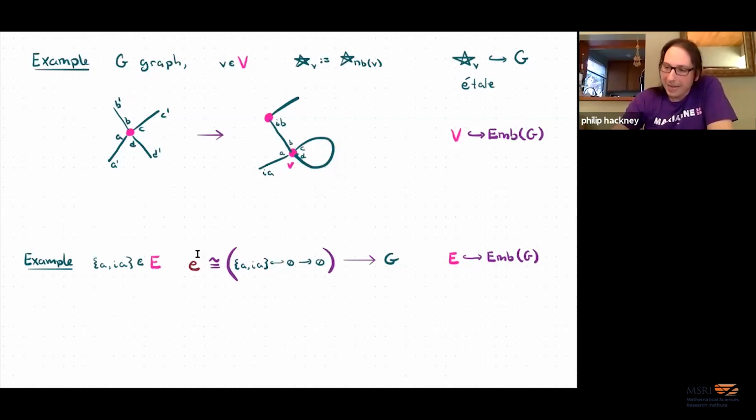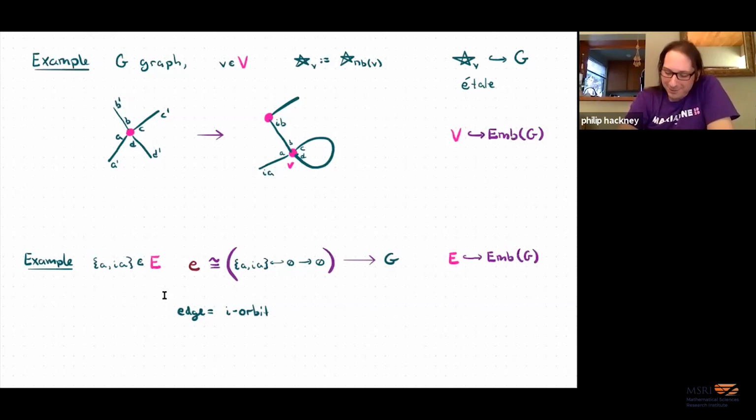We can also include edges into a graph. So for every edge, an edge is like an orbit of this involution I on the oriented edges.